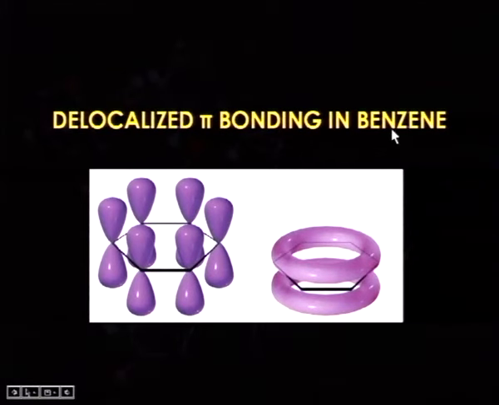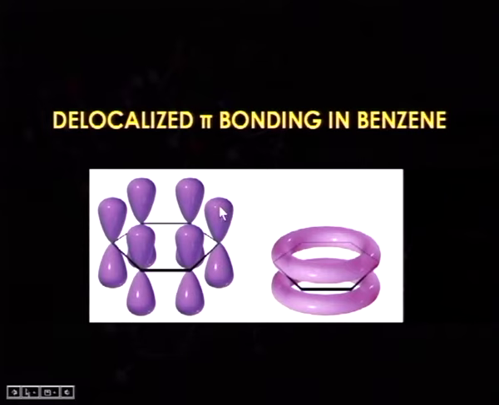To understand the case of delocalized pi bonding, benzene is the simplest and best example. Here we can see how 6 carbon atoms are joined together through the sigma framework. Now, since each carbon atom is sp2 hybridized, it possesses a remaining unhybridized p orbital.